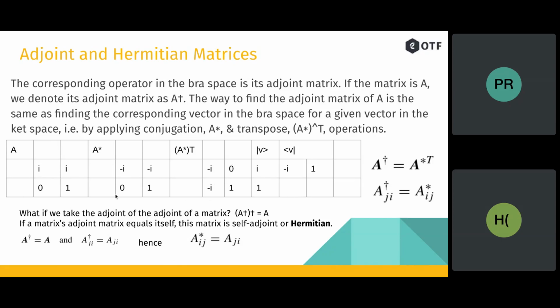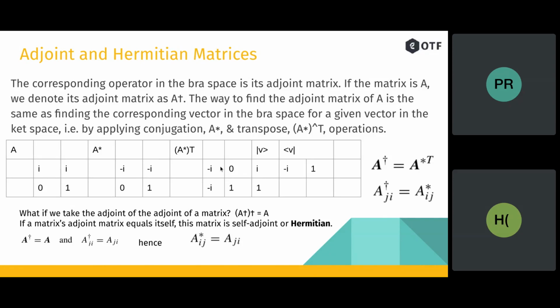Are they the same? They are not the same. So you will get an adjoint matrix, but they may not be self-adjoint in the sense that they are not equal.